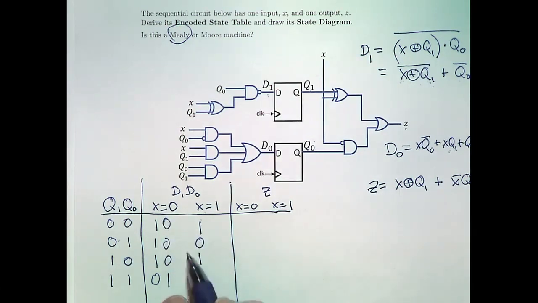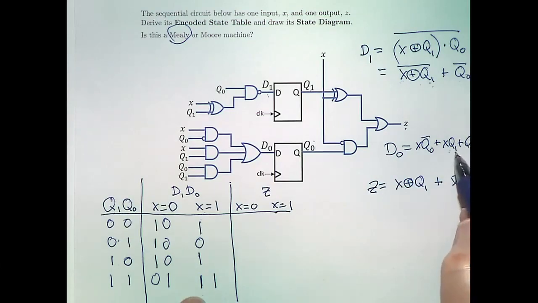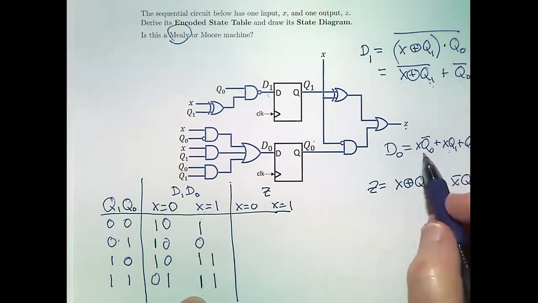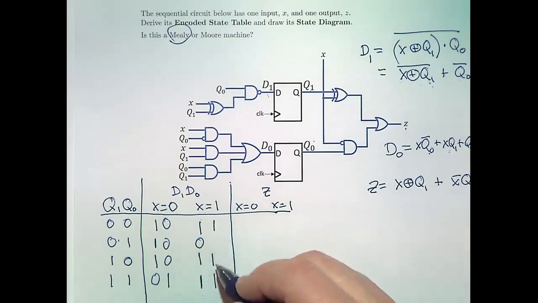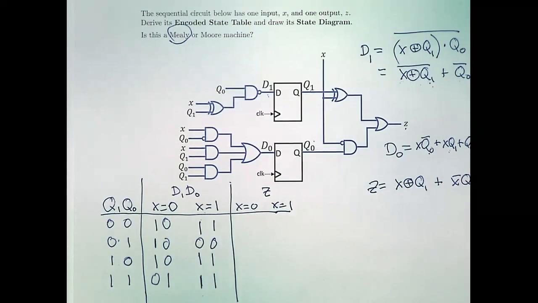All right, now when X is 1, well, we have several possibilities. Again, Q0 and Q1 could both be 1. And then if Q1 is 1, we're also 1. And then if Q0 is 0, we're also good. So that's 0. And then we fill the last spot with 0. Okay, so there are different ways to fill in the table. But you'll go much faster if you use a strategy like breaking it into a sum of products and filling in where each product term is 1.